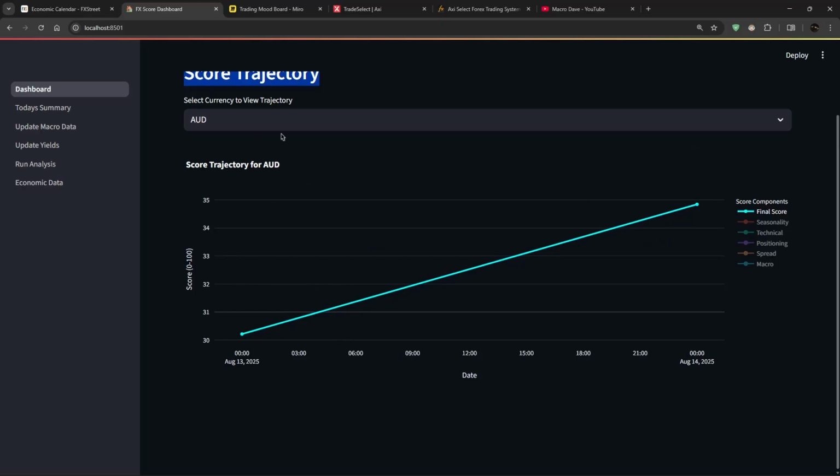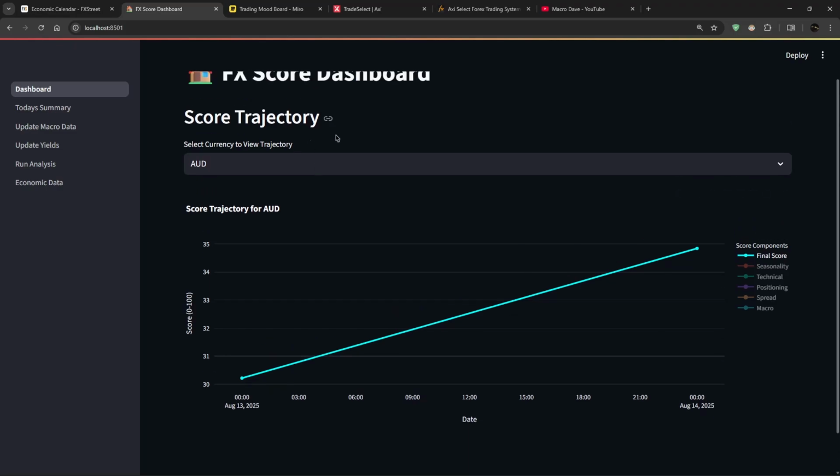We're currently looking at the Australian dollar, and we can see that the final score of the Australian dollar is 34. That means that you should be bearish on the Australian dollar. But what matters more than the Australian dollar being 34 is whether the final score is going up or down, which is the delta. That is what this dashboard is meant to do.